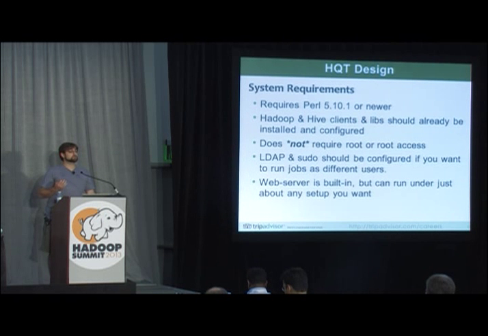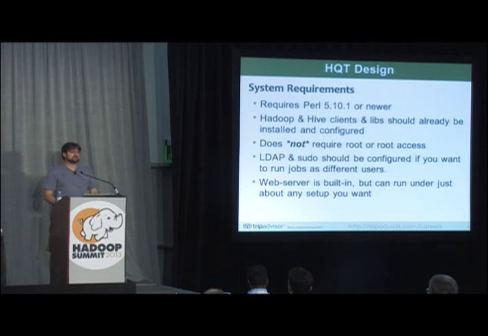But if you do want to run jobs as different users, as the users who log in, you're going to want to set up any LDAP that you need. You put your LDAP configuration into the configuration file, and you'll need to configure sudo so that the HQT can run the Hive command as sudo. That way it can run jobs as whatever user happens to be logged in. And surprisingly it works even if the user doesn't have an account on the system, because it doesn't need to change their home directory or anything like that.